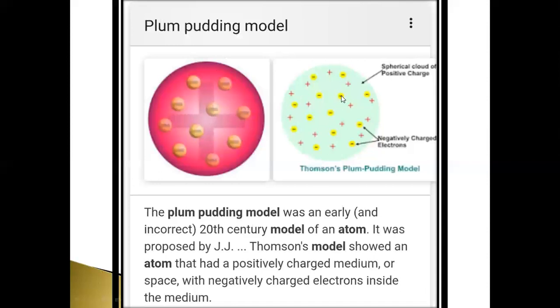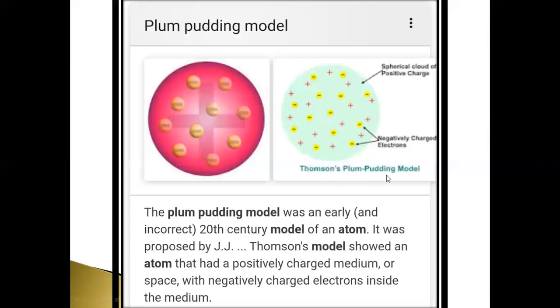And in this image you can see he said that the outer covering is of protons. Like you can take the example of a football, that the outer covering of the football is made up of protons, and the air inside the football is like the electrons.